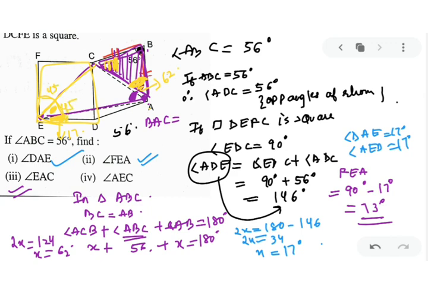If you subtract 17 from 45, the remaining will be your AEC. How did you get 45? The diagonal of a 90 degree angle is the bisector, that bisects the angle also. So you got this as 45, and out of 45 if you subtract 17 degrees you will get your AEC, that is 28. Correct? Okay.